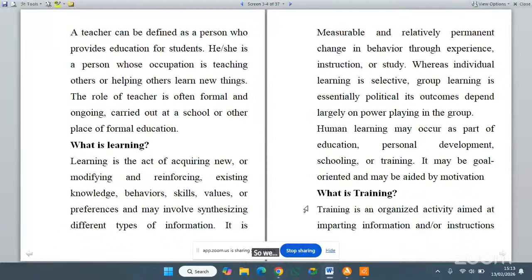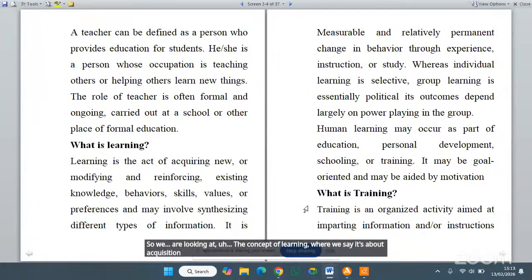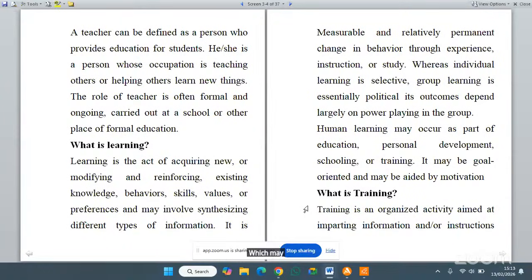So we are looking at the concept of learning, where we say it's about acquisition of new or modifying and reinforcing existing knowledge, behavior, skills, values, or preferences, which may involve synthesizing different types of information.